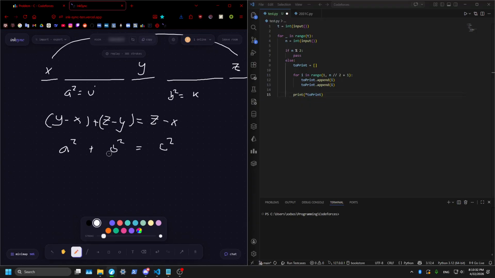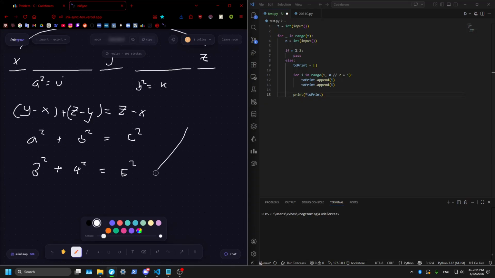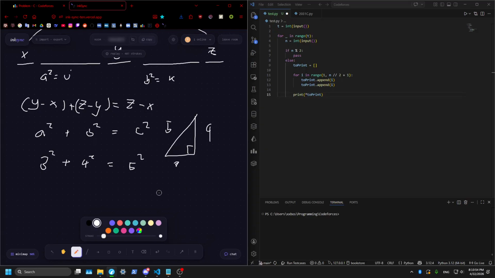And from simple geometry, we know that the smallest numbers that fit this pattern perfectly are 3 squared plus 4 squared equals 5 squared, or the, oh my god, I cannot draw. 3, 4, 5 triangles, right?